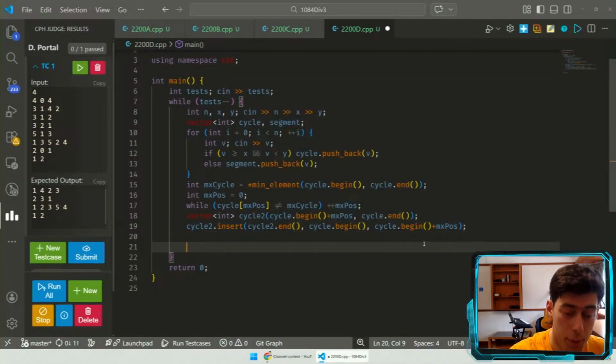Yeah. So now I've got this cycle that's ready.